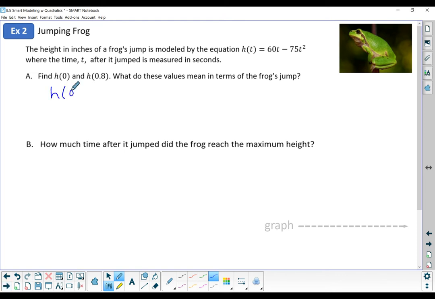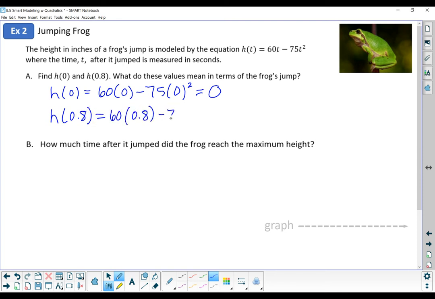So h of 0 would be 60 times 0 minus 75 times 0 squared, and that is 0. H of 0.8 is 60 times 0.8 minus 75 times 0.8 squared. And if you crunch that, it is also 0.